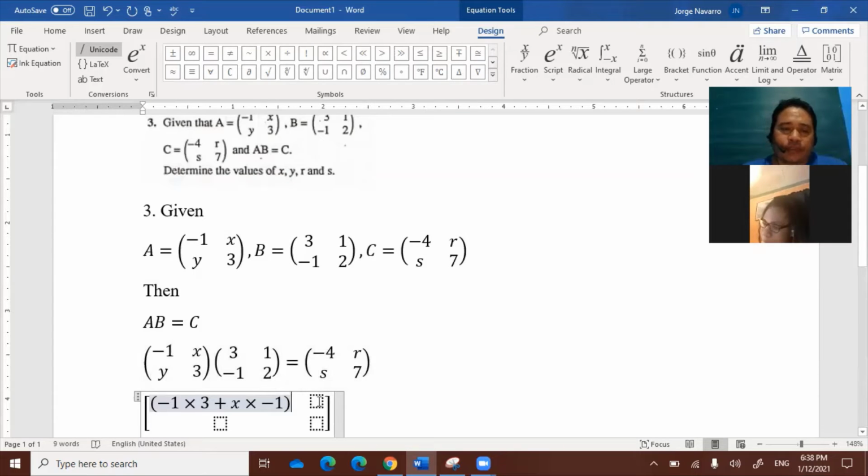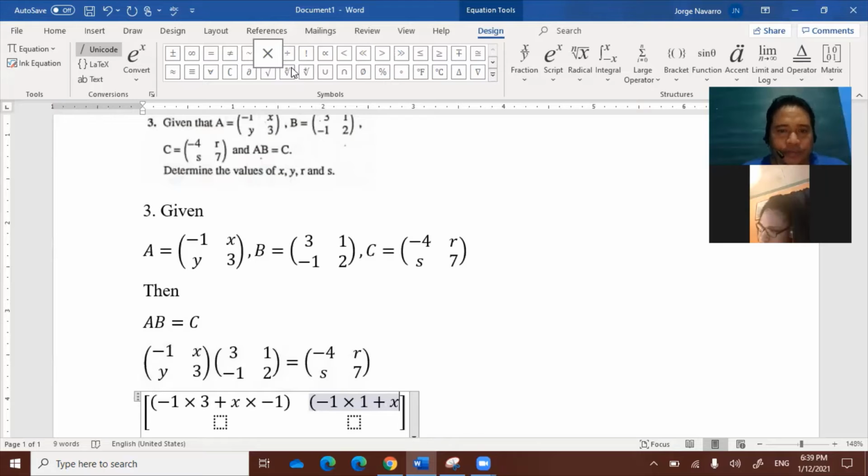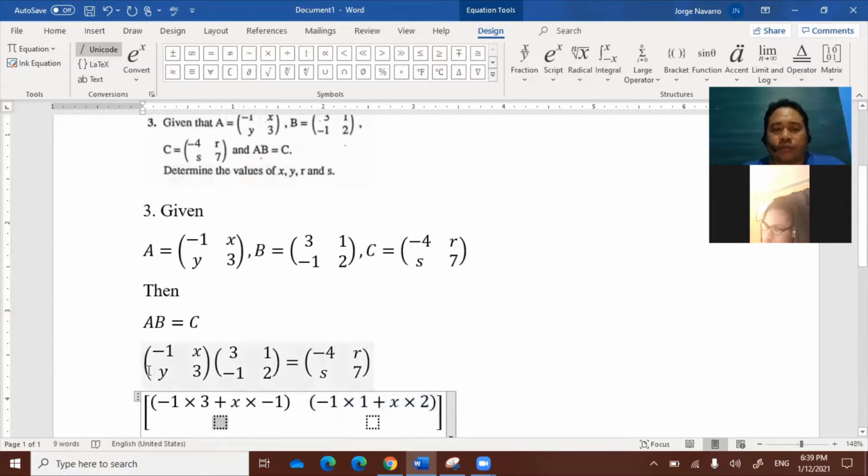Then for the second element, again, it's going to be row 1 times column 2 now. So it's -1 times 1 plus x times the second element of that column, which is 2. So row by column. Now we're going to do the bottom row, the row of y and 3. So: y times 3 plus 3 times -1.